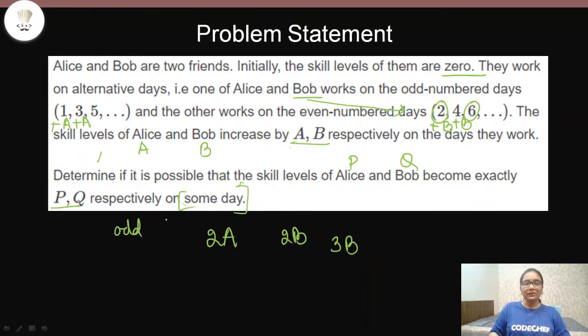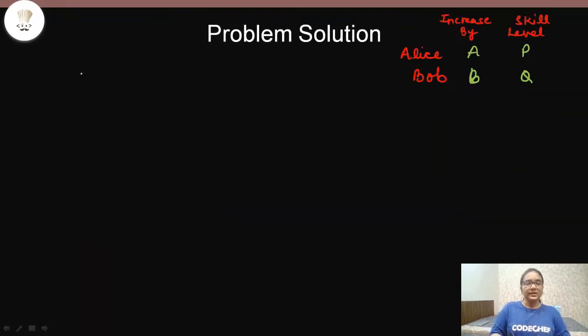To find that out, let us make some observations. The first thing is, suppose Alice is working for 3 days, right? It was given in the problem statement that Alice can work for even number of days and Bob can work for odd number of days or vice versa. But here it does not matter who is working on which day.